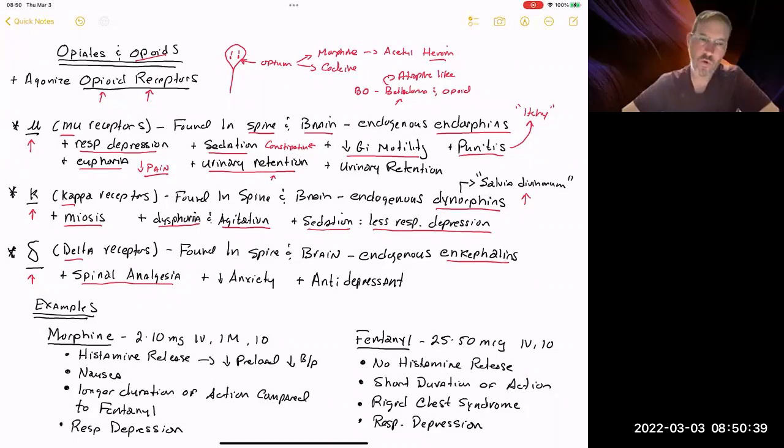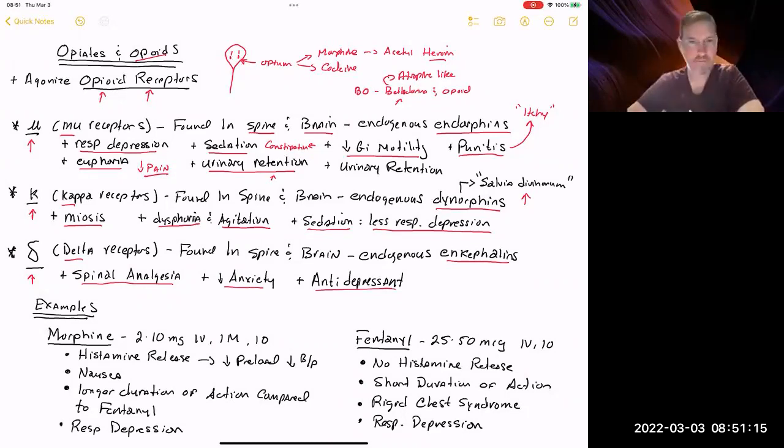And that's because that opioid, typically fentanyl, can attach to delta receptors and other receptors in the spine and can cause analgesia. And that's nice because then you're not giving that systemically and causing lots of sedation, right? So you can be very surgical with the analgesia that you're providing. This can cause a decrease in anxiety and can have some antidepressant effects.